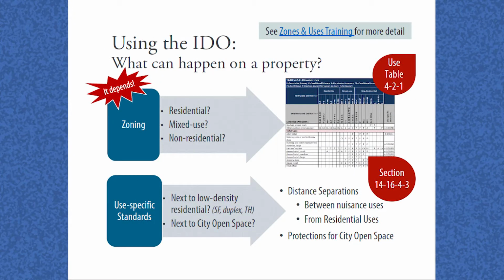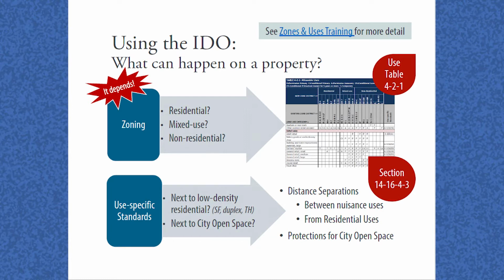So just taking a step backward, just to remind ourselves where we've been. When I need to answer the question, what can happen on a property, I've already said that you need to come to the use table, which is table 421 in the document. And before I do that, I need to know what is the zoning on the property in question. Is it one of the residential zones, of which there are several?